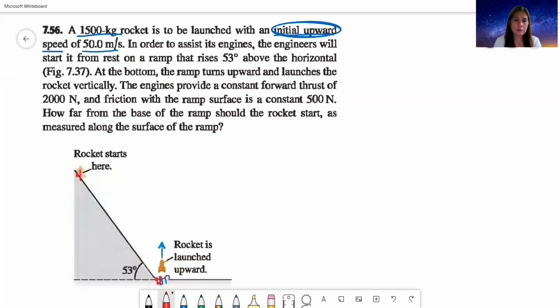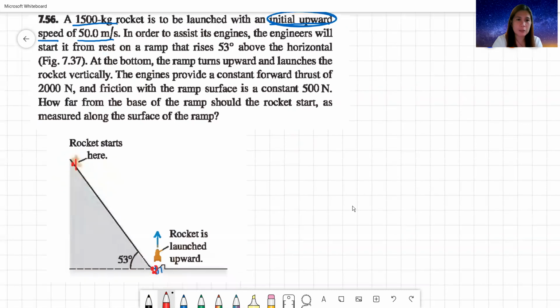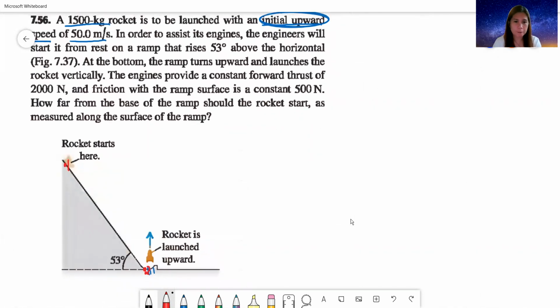So this 50 meters per second, this is actually the launching velocity or launching speed of the rocket when it is launched upward. So meaning to say, we'll take the 50 meters per second as our speed 2. That's the final speed with respect to point 1 and point 2 na events.